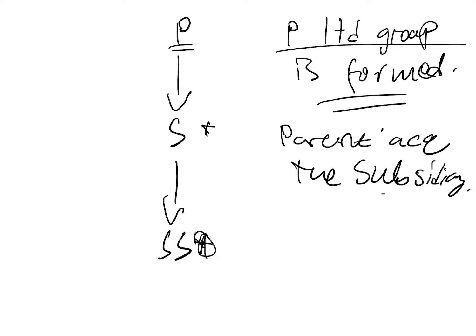You might find in the examination that different dates are given, and you might get confused about which date to start consolidating from. What is important is that you start consolidating on the date at which the parent acquired the subsidiary. Now let's look at an example.